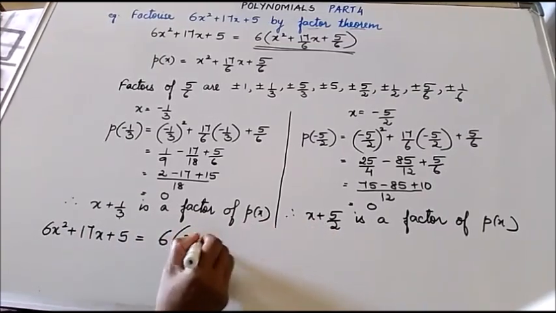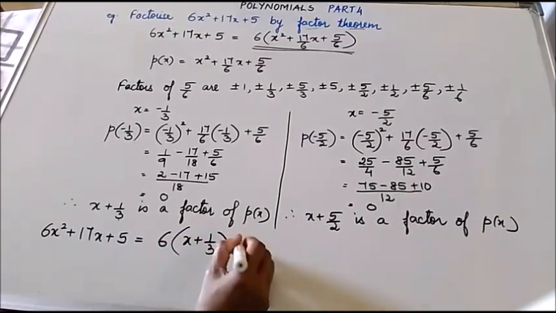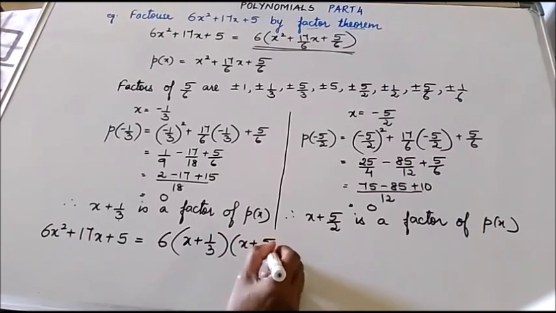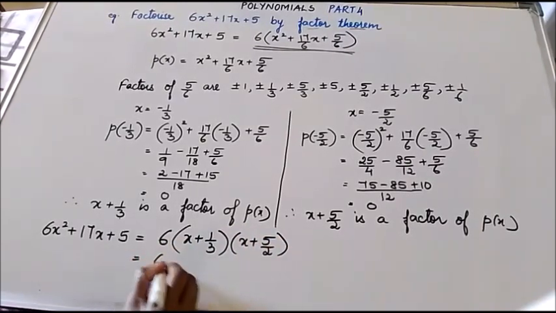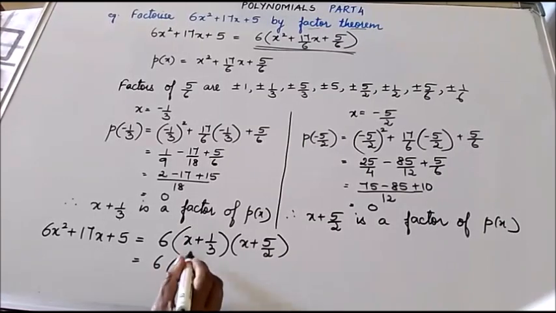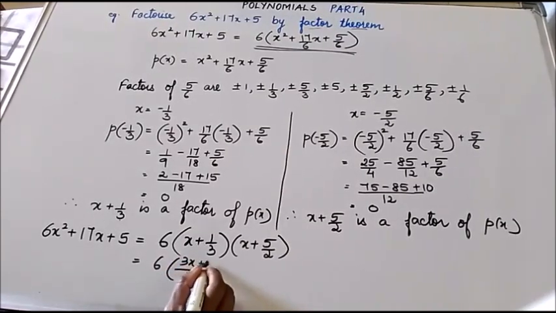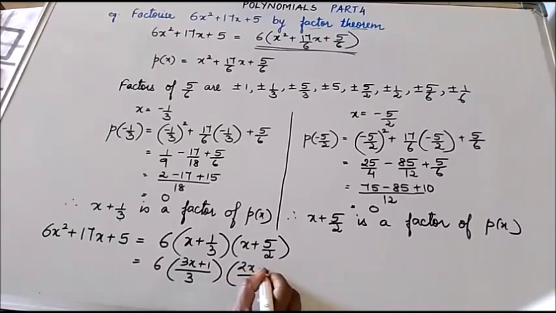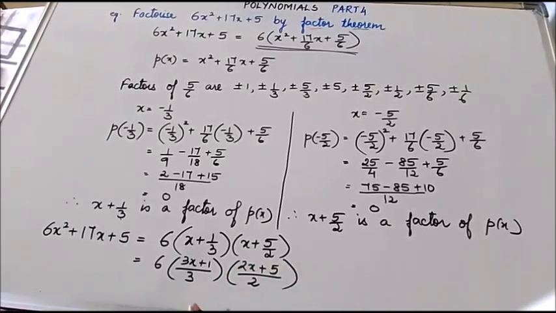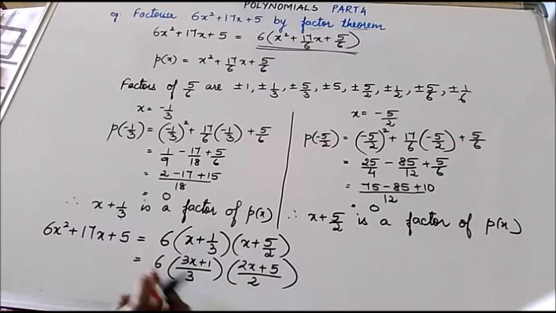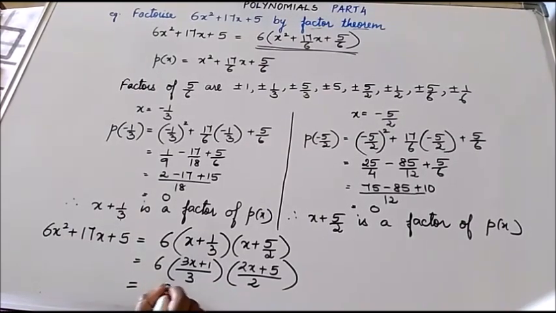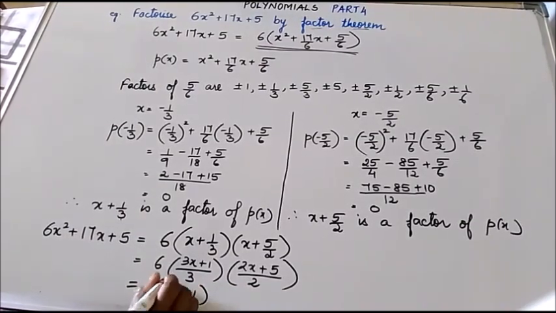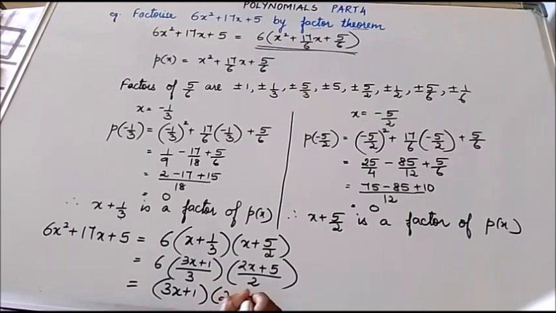So, in place of that we write x plus 1 by 3 into x plus 5 by 2. Take LCM in both the cases. Here it is 3. You will get here 3x plus 1. Here it is 2. You will get here 2x plus 5. Okay, 2 into 3 is 6. 6 and 6 will get cancelled. You will get the final answer 3x plus 1 into 2x plus 5.